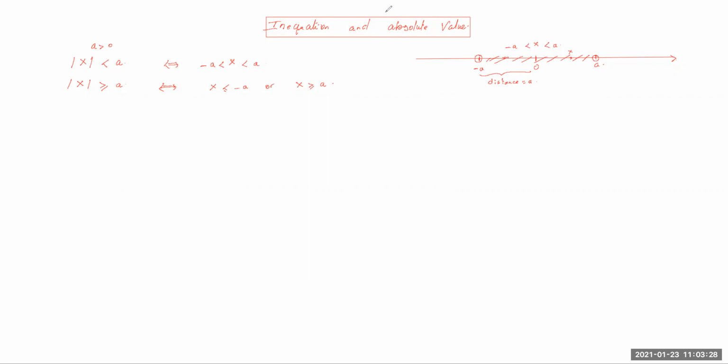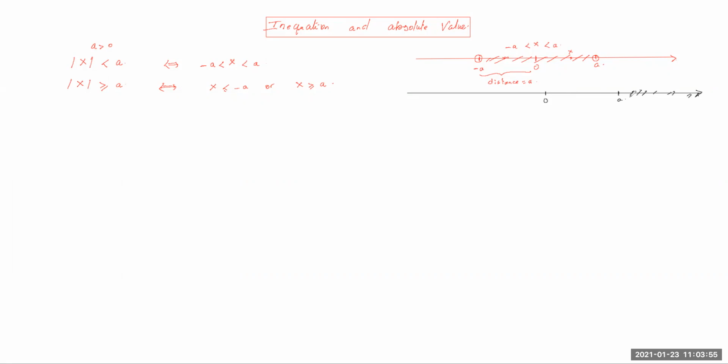Similarly, for the other inequality, if you have the origin here and you have your A here, and you are looking for all possible x's that have a distance greater than or equal to A, then your x must be on this side.